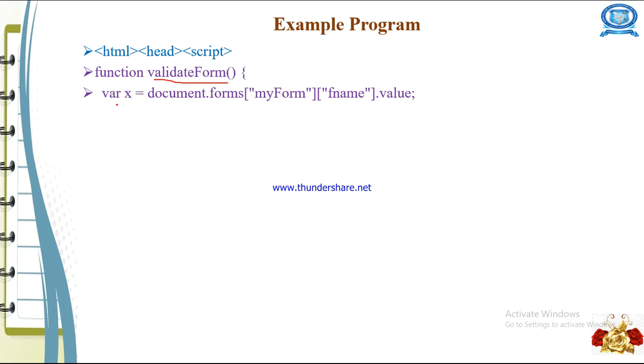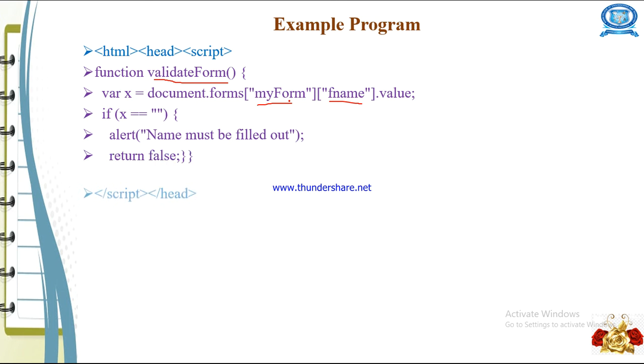Now one variable, x equals myForm, and fForm name dot value. All these are functions, and by using functions only you have to explain. So you have to assign the value to x.